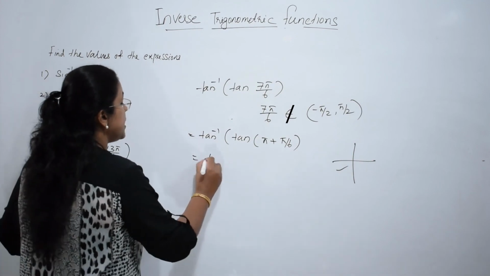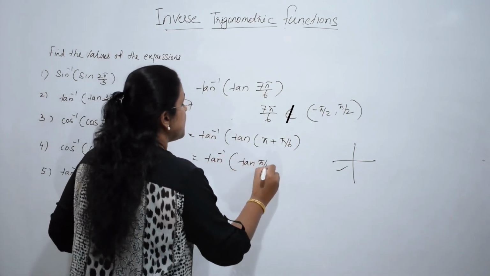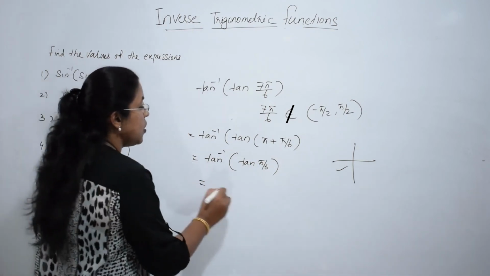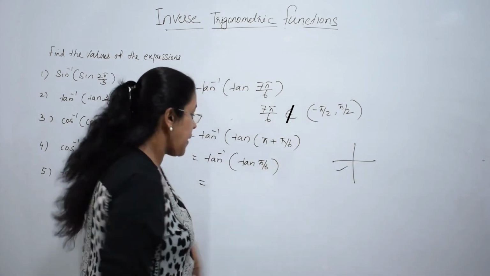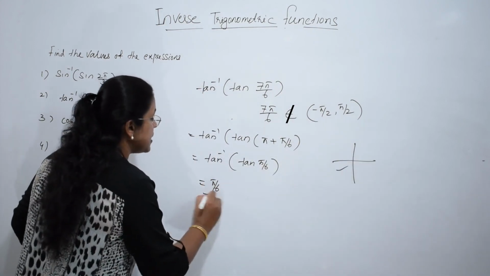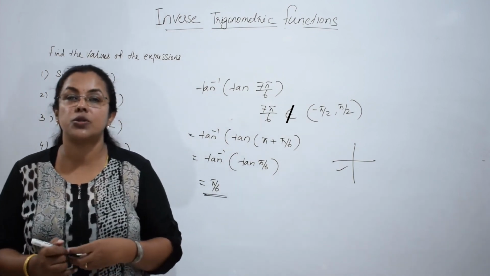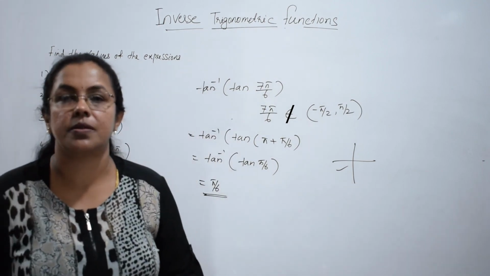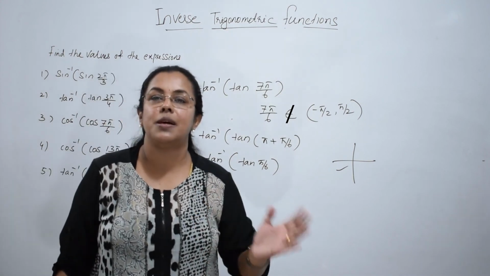So tan 180 plus theta is tan theta. Of course, pi by 6 is an element of minus pi by 2 to pi by 2. So the final answer is pi by 6. I hope it is clear to you. This is one of the important questions of this chapter. So understand it thoroughly, then it will be easy for you.